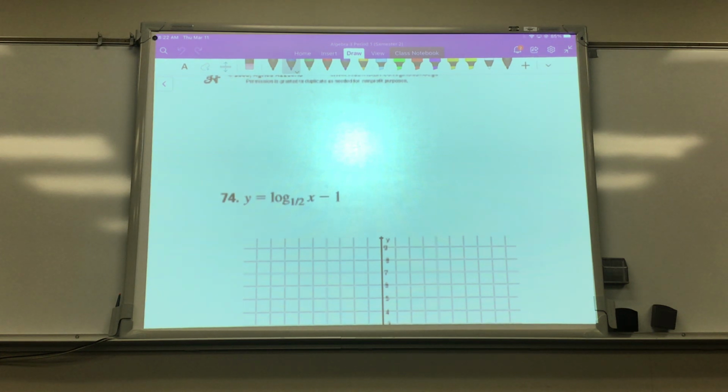Now, the other thing with this one, what is my hk? Is that -1 your h or k? K. Remember, you will always find h in parentheses, right? So in this case, it is 0, -1.